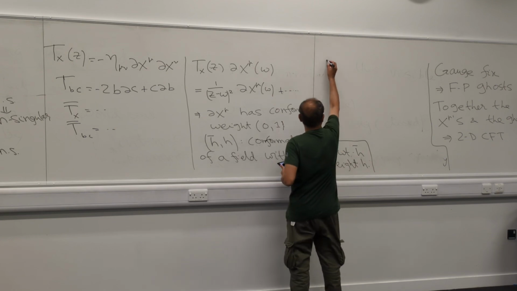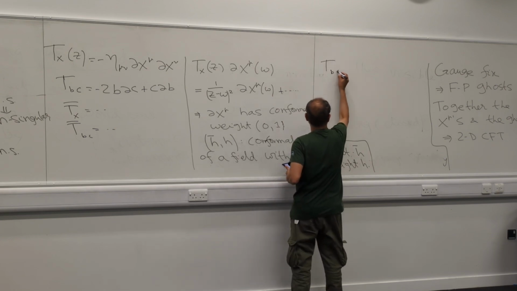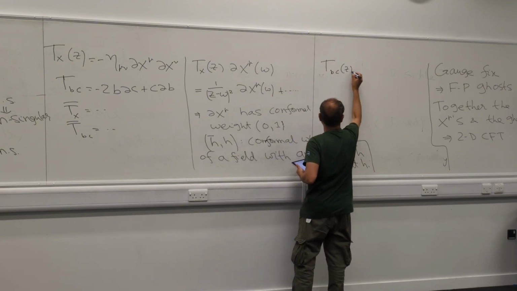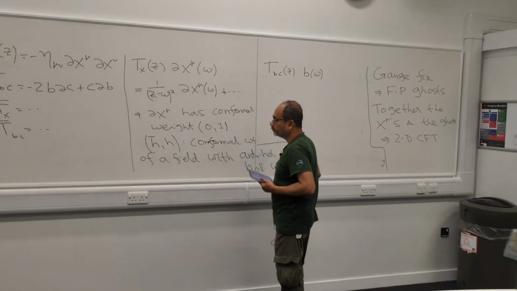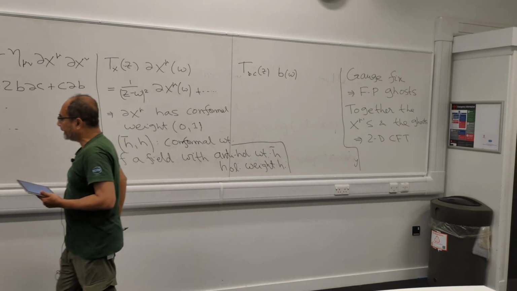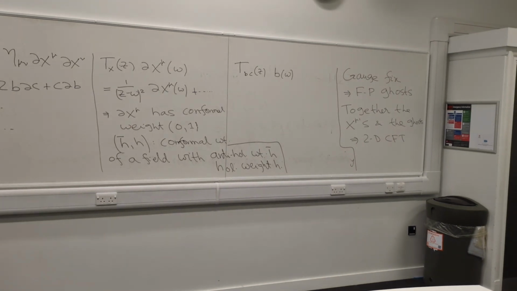So let's do T_BC of z with b of w. Reading off the singular part, let's look at the T_BC: minus 2b del c. So a leading singular part will come from the c with b. Maybe I should have also said here that these are Grassmann odd objects.